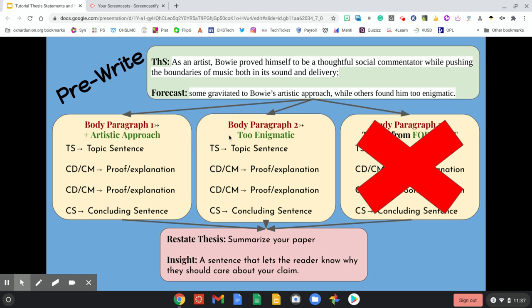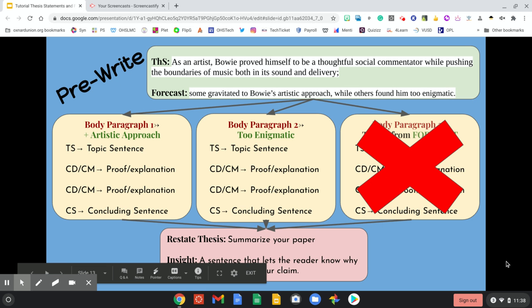And in body paragraph 2, I will talk about the negative elements, which make it too enigmatic or hard to understand, where people just didn't get it. Since this is only a 4-paragraph essay, I don't need that extra paragraph, and that's why there is an X there to demonstrate that it's not needed.